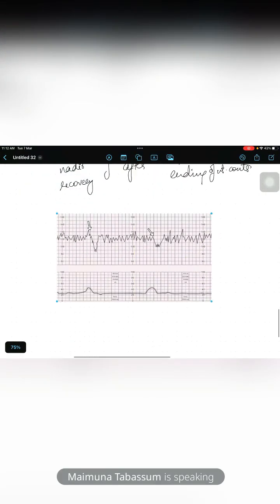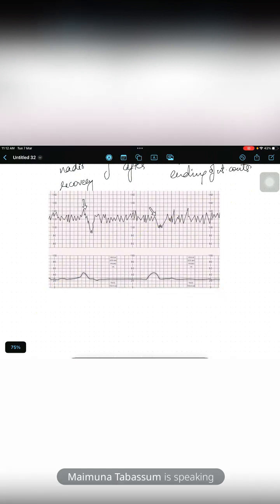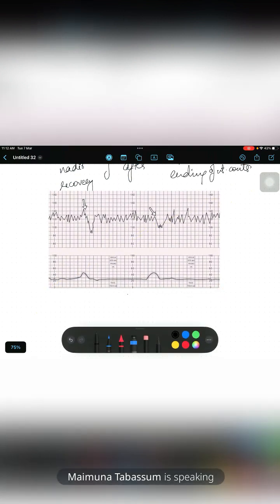See, when does this happen? This is the uterine contraction, and after the uterine contraction has occurred, then the deceleration occurs. Whenever there is a completion of the uterine contraction, there is a deceleration.